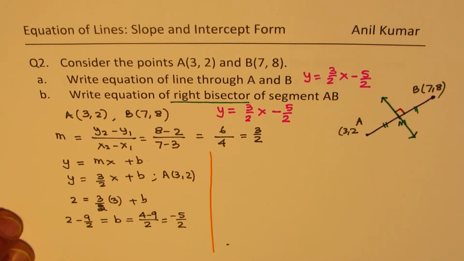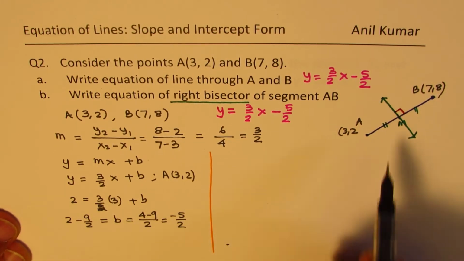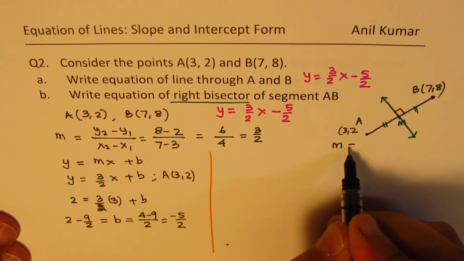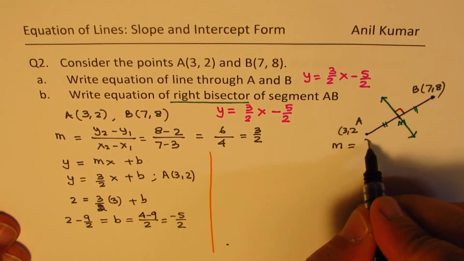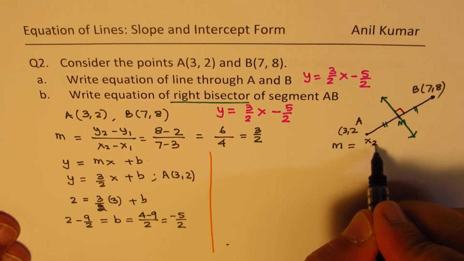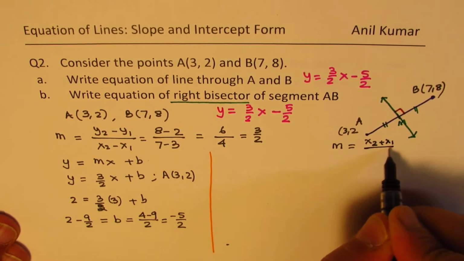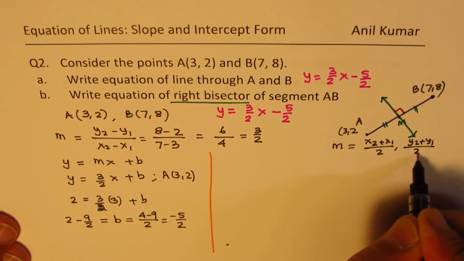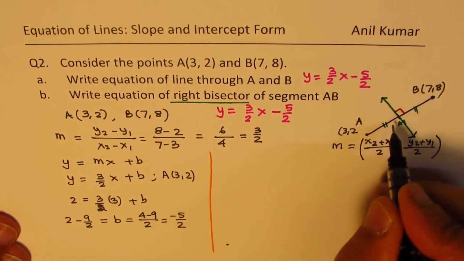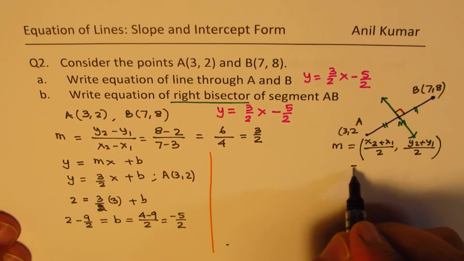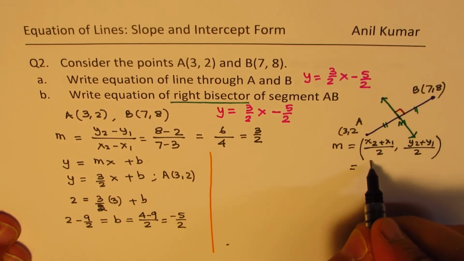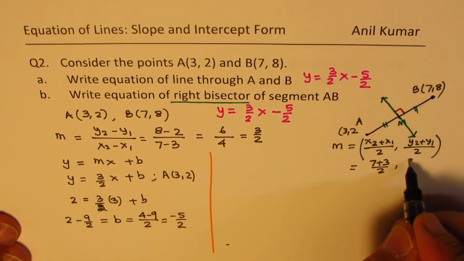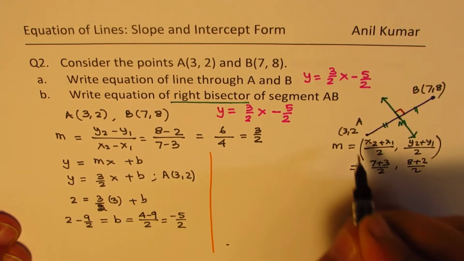Okay. So let's find the coordinates of point M first. Coordinates of point M will be the midpoint, right? So it is (x2 plus x1) divided by 2 and (y2 plus y1) divided by 2. Average, right? So center value. So in this case, it is going to be (7 plus 3) divided by 2 and (8 plus 2) divided by 2.